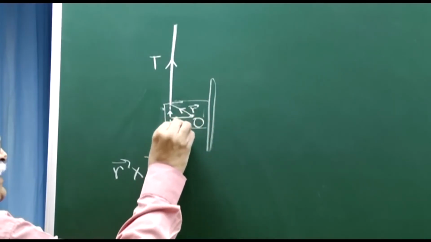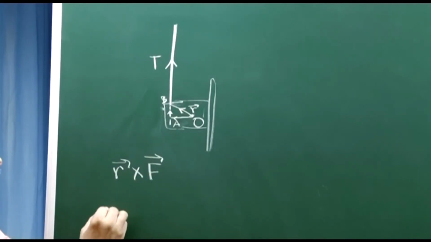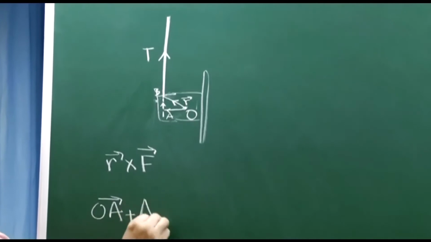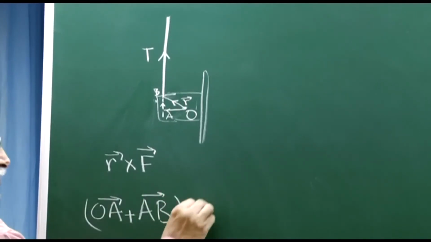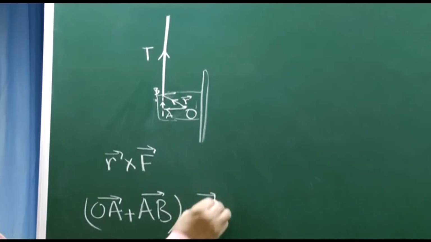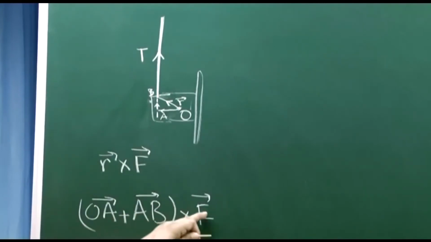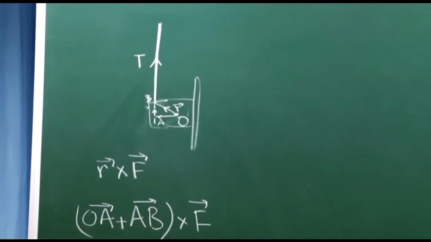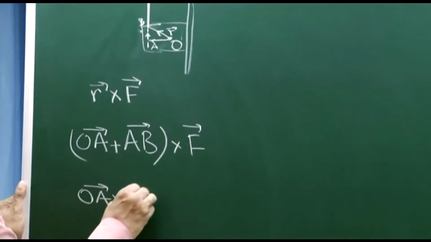Let me call this point A and this point B. We had done it earlier. So, this is OA plus AB, and cross product with the force, which is the tension here. AB cross this tension will be 0. So, it is essentially OA cross F.